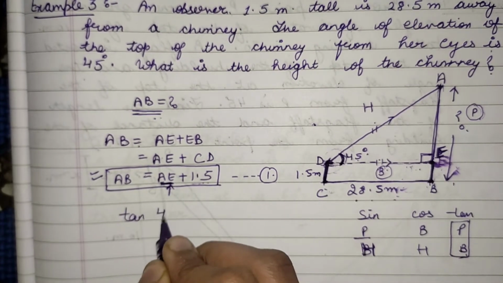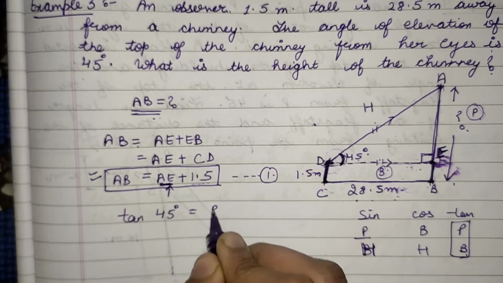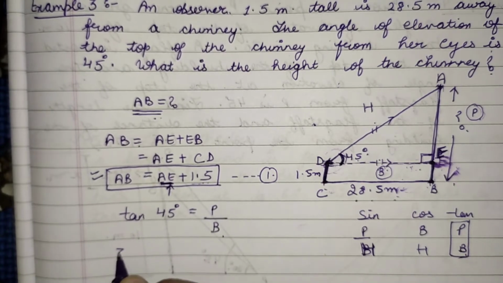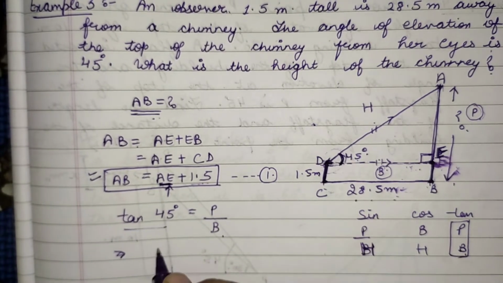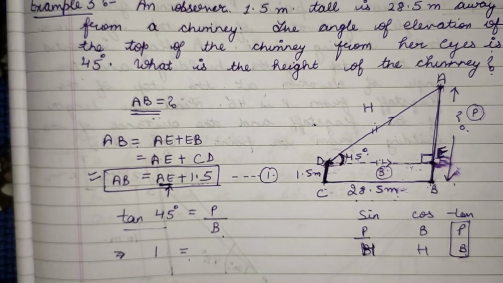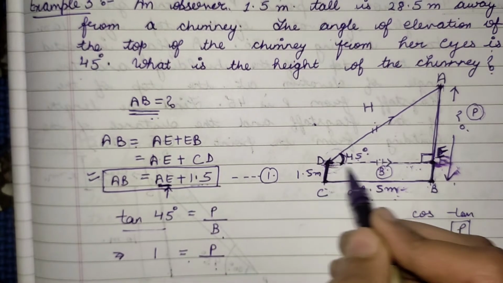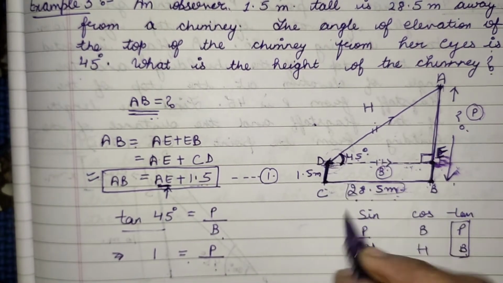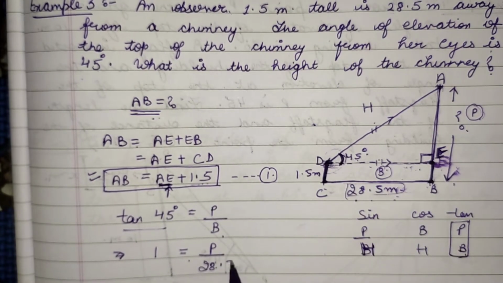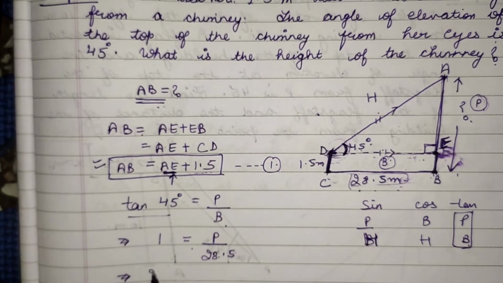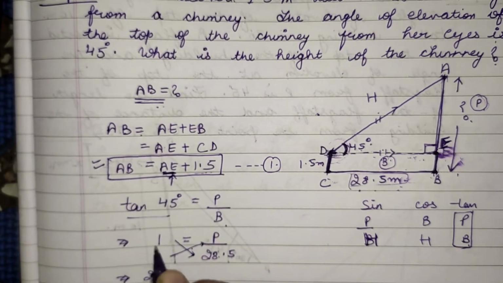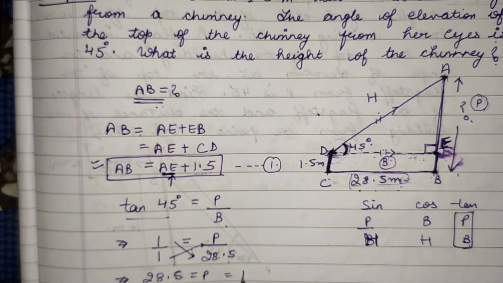So tan 45 degree will be equal to perpendicular by base. We know that tan 45 is 1. Perpendicular I have to find out, and my base is going to be 28.5 meter. So if I do cross multiplication, then my perpendicular, which is my AE, equals 28.5.